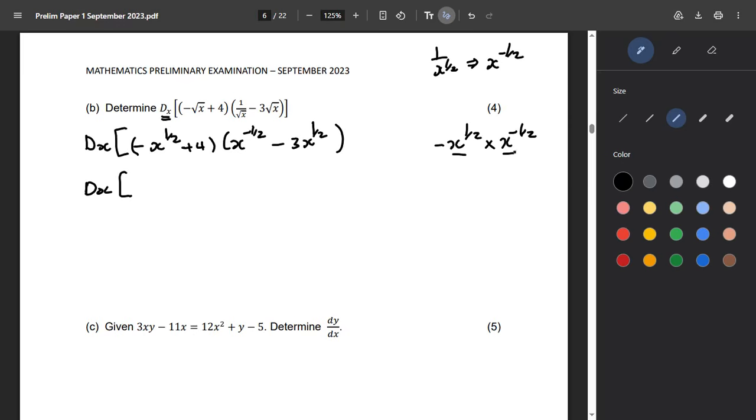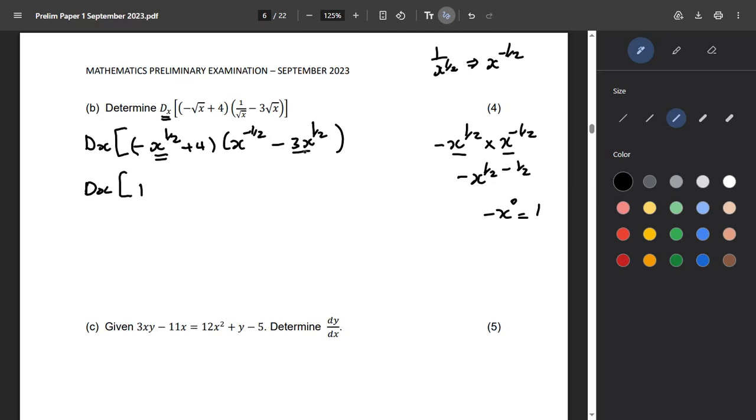The bases are the same. What do you do to the exponent? You add them. So this is like 0. So this leaves us with minus x to the power 0. Anything to the power 0 is 1. So this will be 1, right? And then from there, you are done with this one.